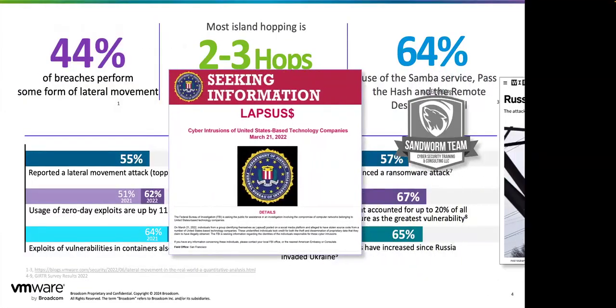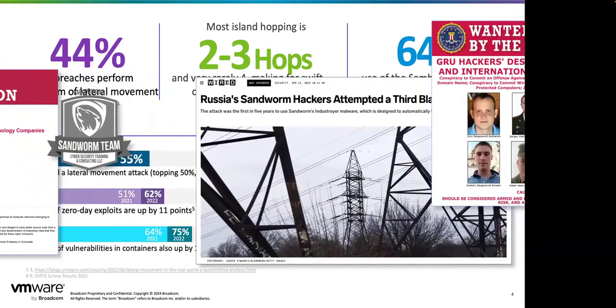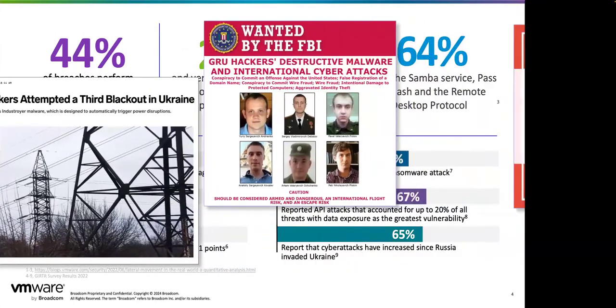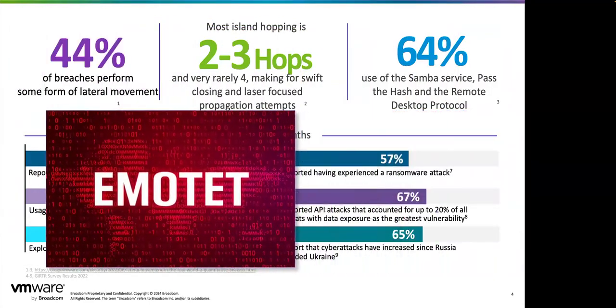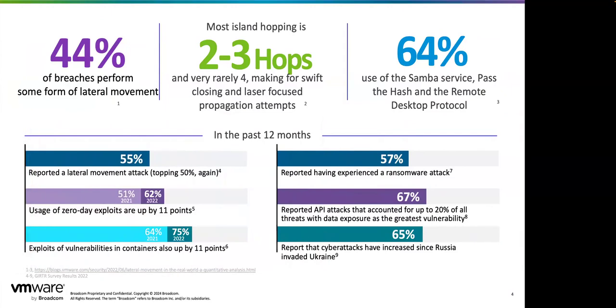There's a lot of news every day, something new about some type of attack somewhere in the world, some vulnerability, some company being breached and data being lost. If we take a look at just some of the most common statistics that we can find, 44% of breaches perform some form of lateral movement, meaning once an attacker gets in, they want to move from one resource to the next until they find something of value.